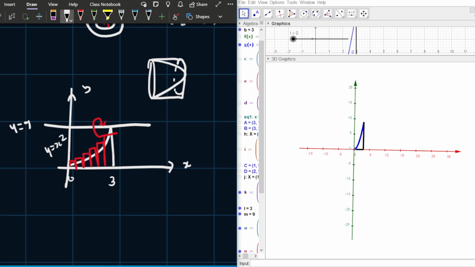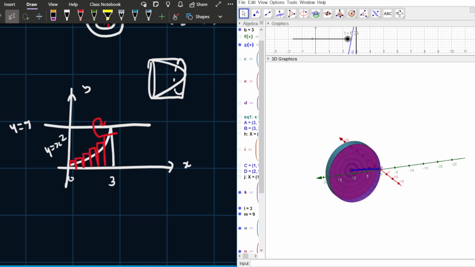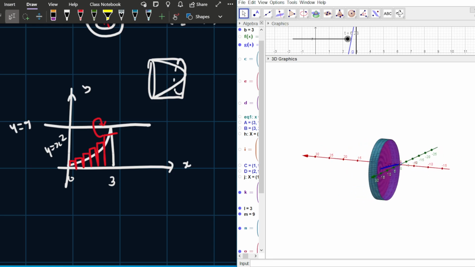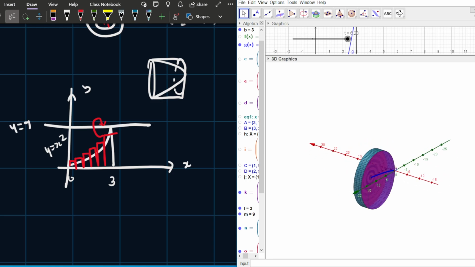Okay? Now, tingnan natin yung magandang itsura ng solid. The solid would look like this. So, from this view, ito yung hahanapan natin ng volume.